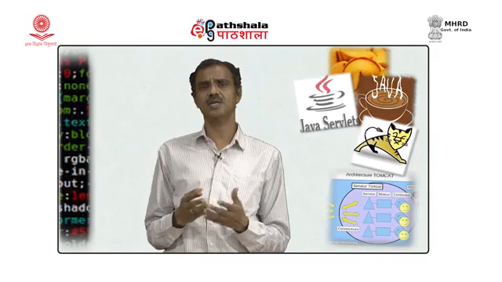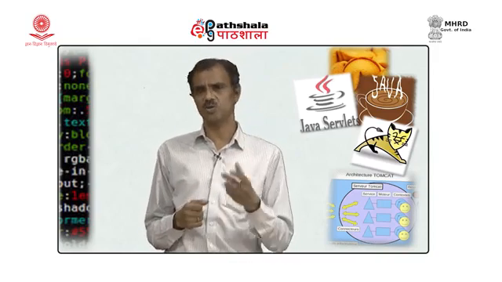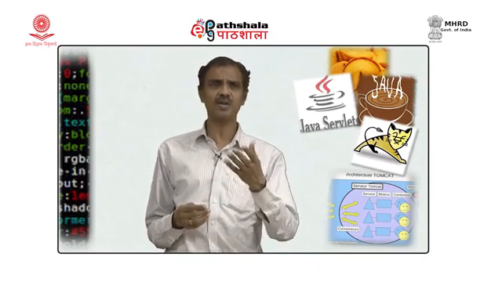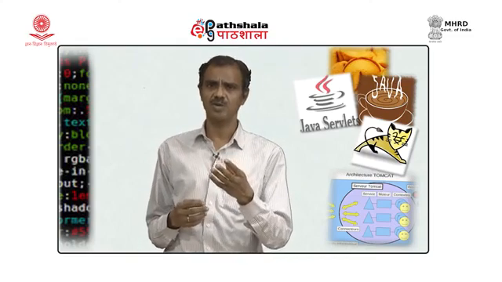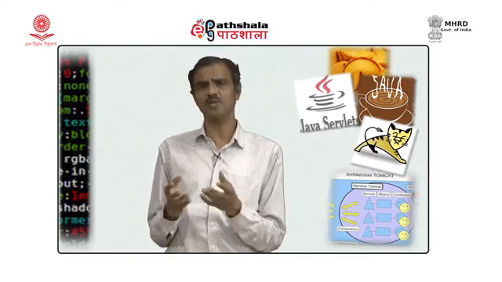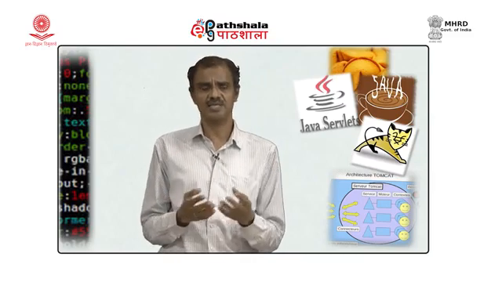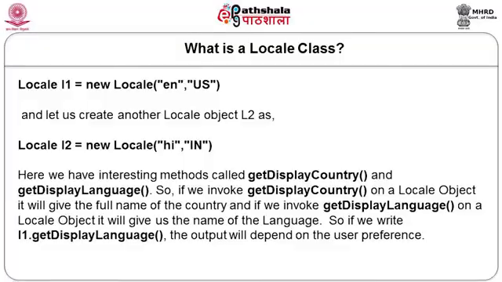You use only those ISO codes to create your Locale object. Having a Locale object, I want to know the name of the country. This object has a country code I created it with. Let us say I have Locale L1 equals new Locale, and I use EN comma US, that is English in US.